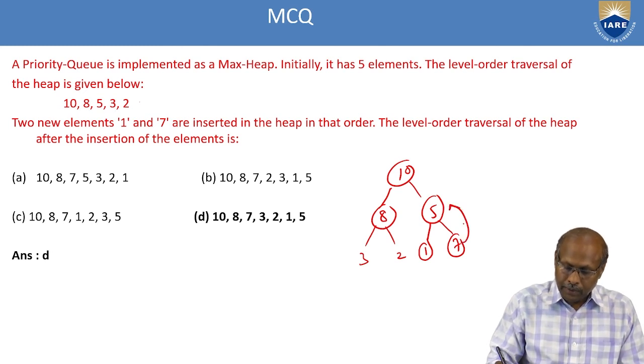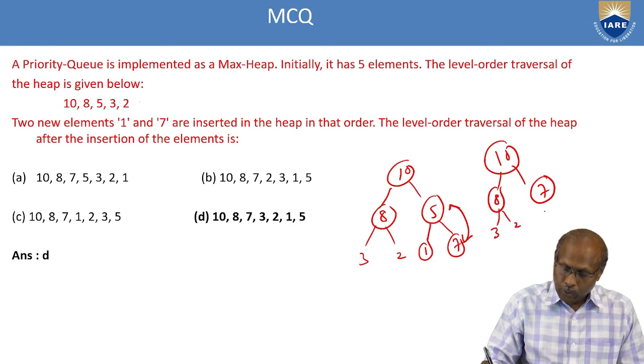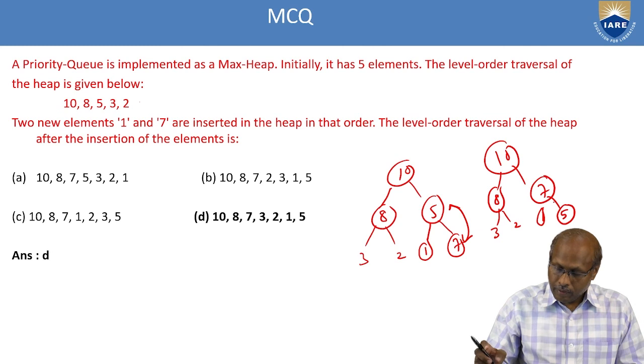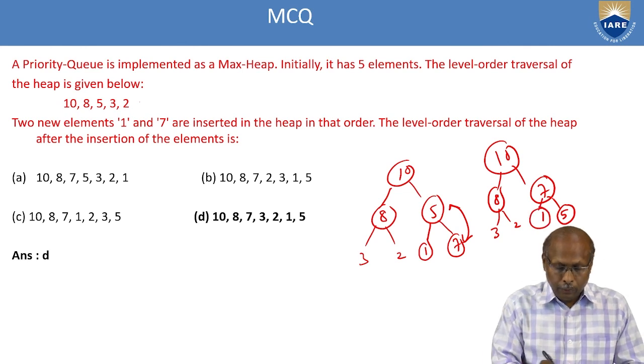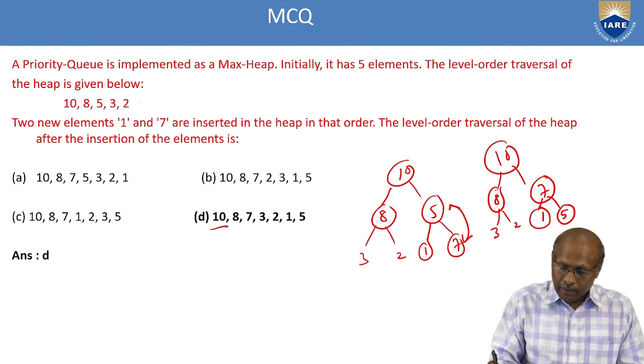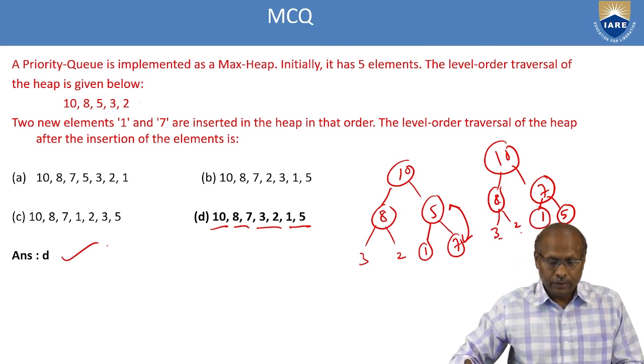It has to reheap, means it has to change. So 10, 8, 7 goes up, 3, 2 and 1 and 5. If you do level order, 10 is the first level, 8 and 7 second level, then 3, 2 and 1, 5. So D is the answer. So this is the way you can answer it.